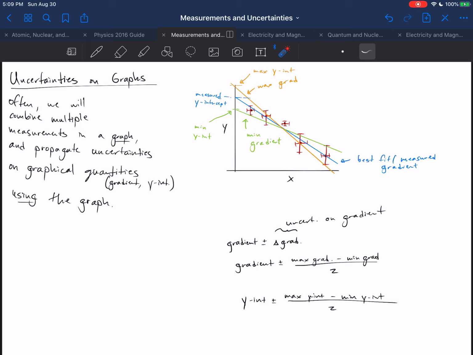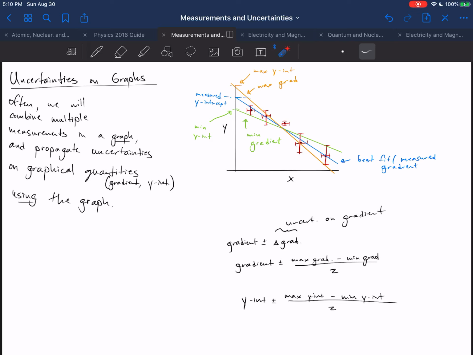As a result, we're going to eyeball a max fit gradient line here. That is the highest slope that will fit within our uncertainties, as shown on the graph, and we eyeball a minimum gradient. That is the lowest slope that will fit within our uncertainties on the graph.